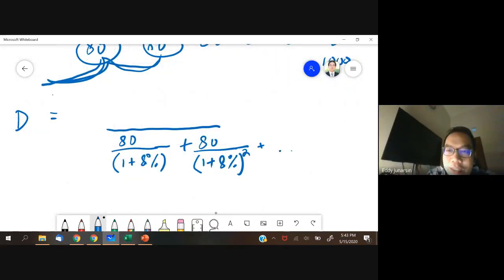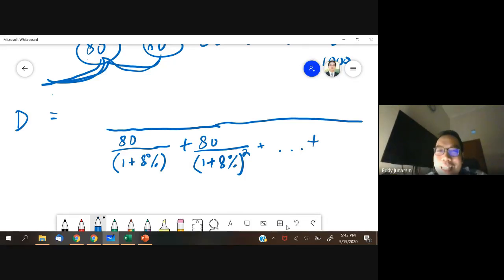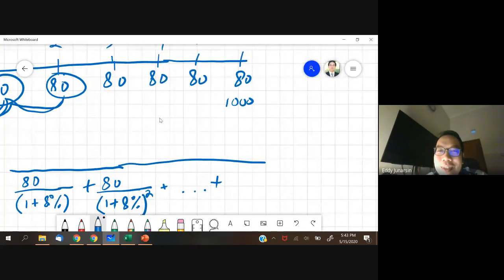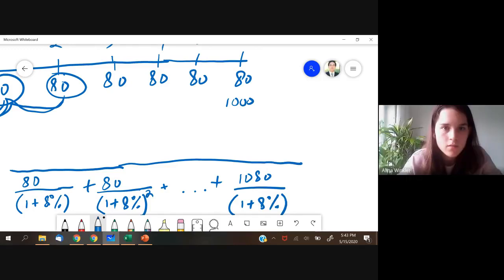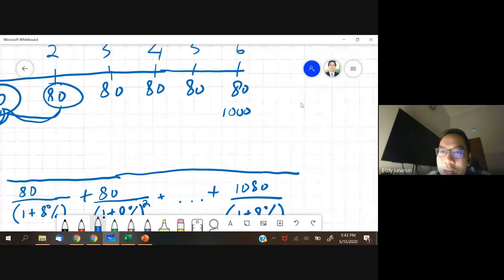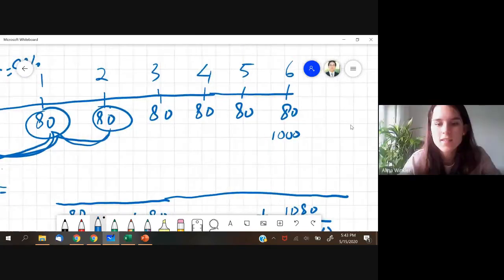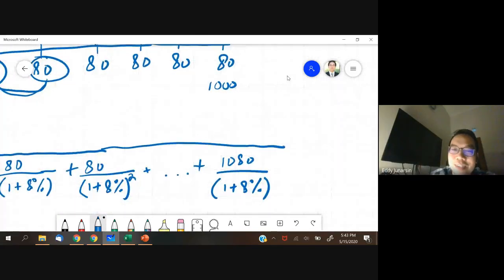And so forth, okay? So we'll not write everything. Or maybe the last one. What is the last cash flow? 1,080. Market rate to the power of? To the power of 6. Yeah, to the power of 6. Right? Okay.